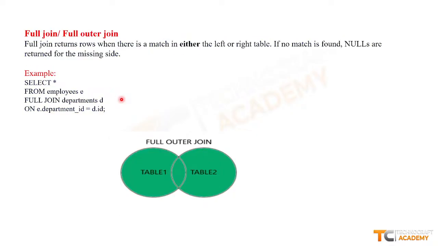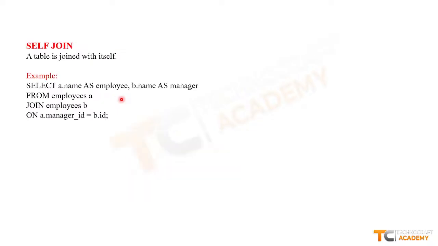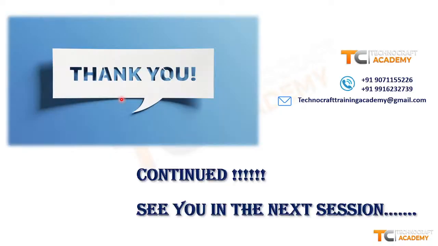And full join or the full outer join, which gives us all the rows from both the tables. It's not like you have to join only two tables. I'm mentioning two tables, but it can be more than two tables as well. Then we have a self join, where we join with the same table. Okay, this is all about today's session.